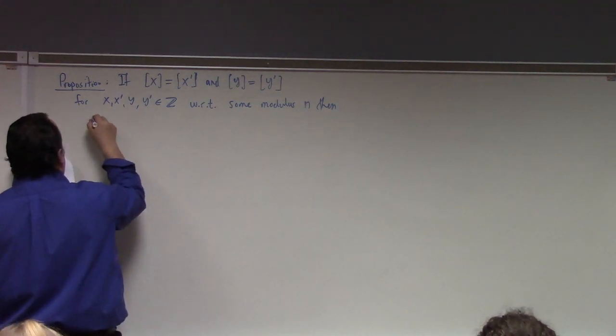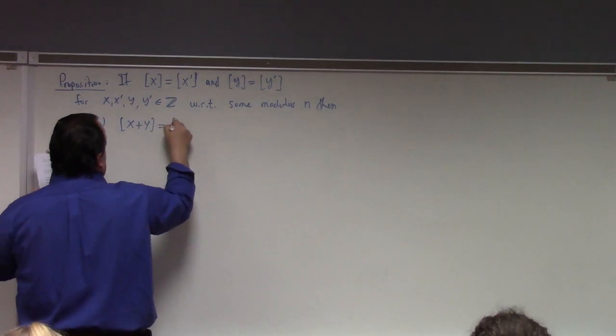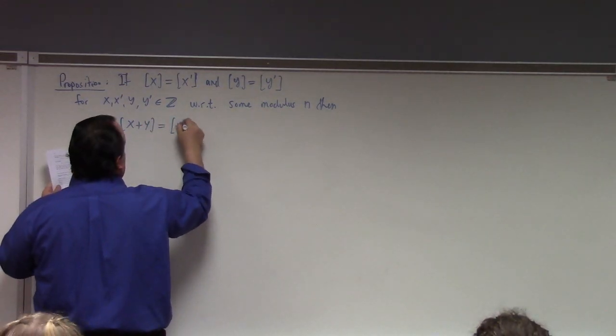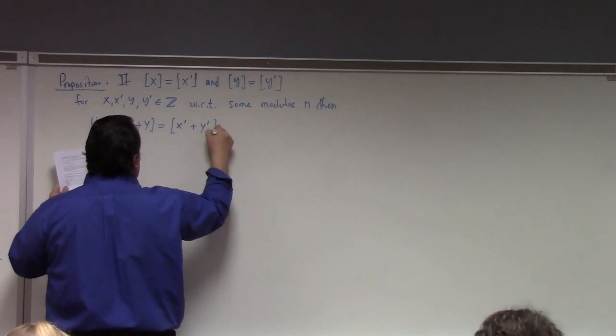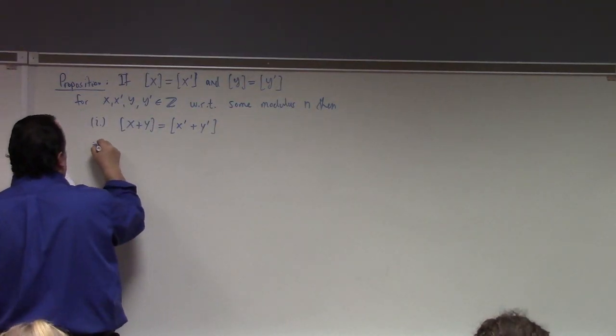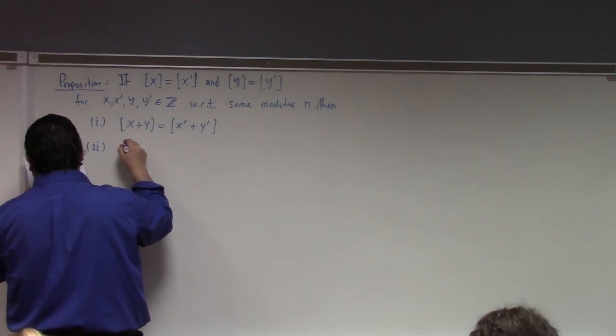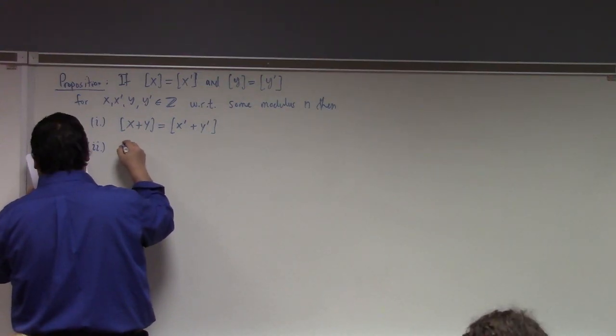number 1, the equivalence class of x plus y. I mean, the question I was begging in example 2 is true. If you work out 225, what is it? If we divide 225 by 17, what do we get?